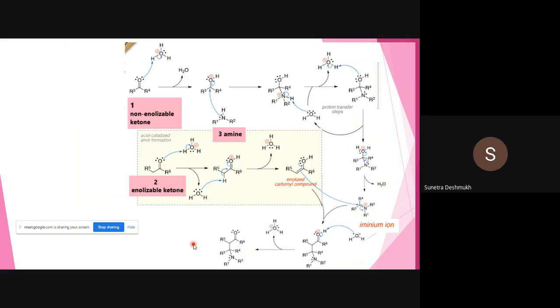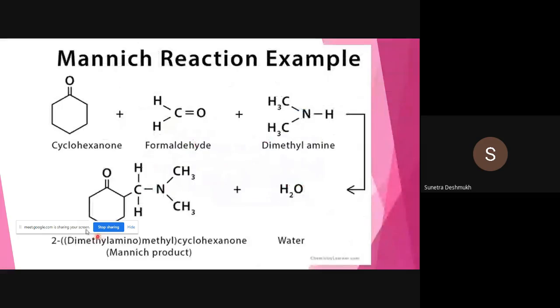Second, there is formation of an intermediate called the iminium ion, or Schiff base, which acts as the electrophile. The enol form or carbanion generated from the enolizable ketone acts as the nucleophile and adds to the iminium ion, a 1,2-addition. This addition finally results in the beta-amino carbonyl compound. This is nothing but the Mannich base, or Mannich reaction.